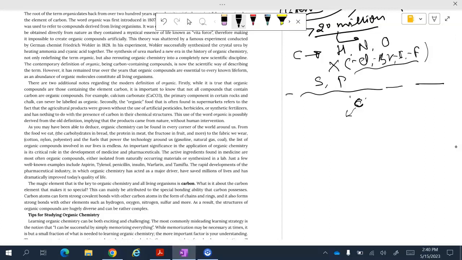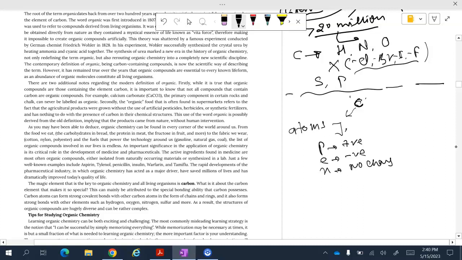Okay. So you are all aware that atoms are made up of 3 fundamental particles: protons, which are positively charged particles; electrons, which are negatively charged particles; and neutrons, which are uncharged particles. These are the 3 main subatomic particles from which atoms are composed.